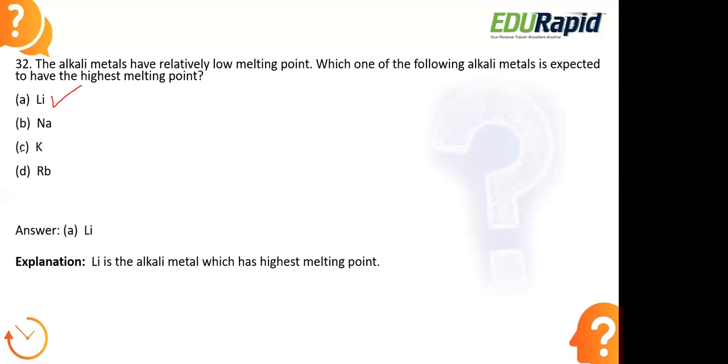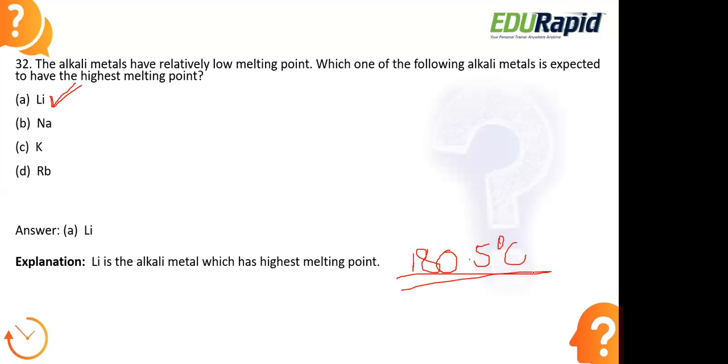But when we are looking at all of the options here, lithium comparatively has the highest melting point. It is approximately about 180. Okay, the melting point of lithium is 180.5 degrees Celsius.